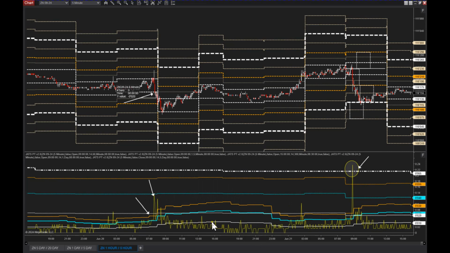So the 5-minute range stays below that 60-minute one, and you're inside this 300-minute one also. See the 300-minute ones up here.